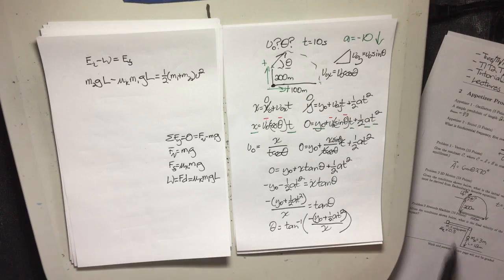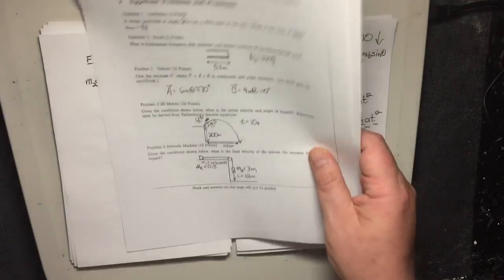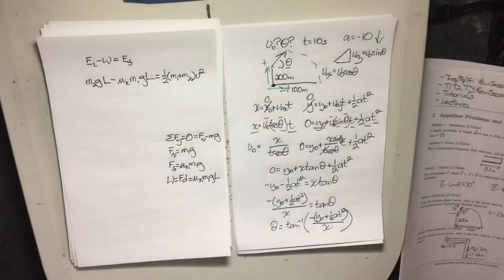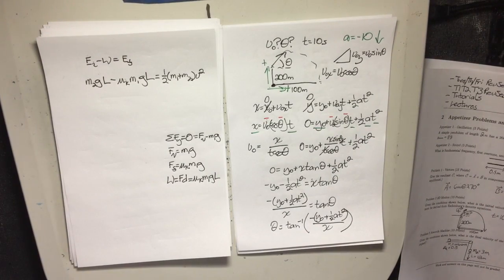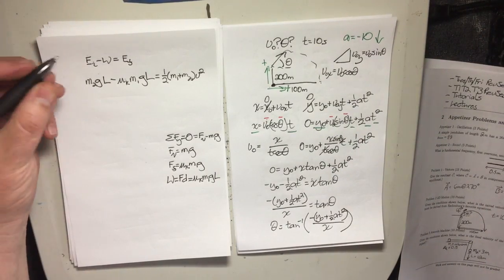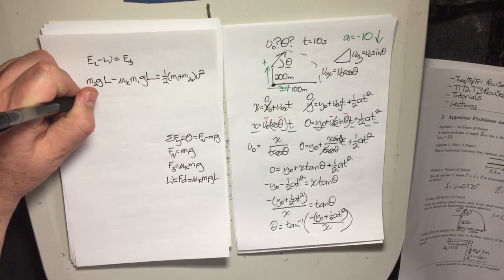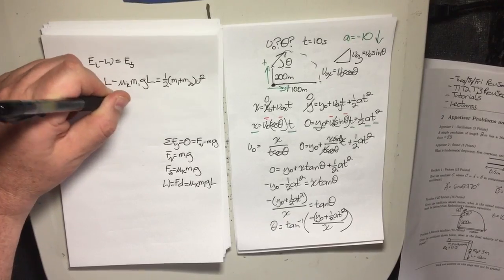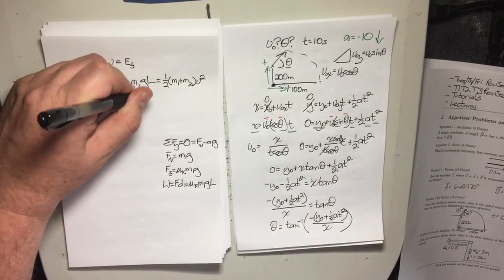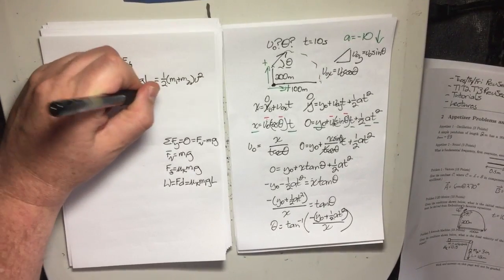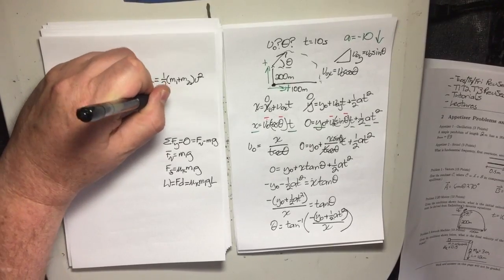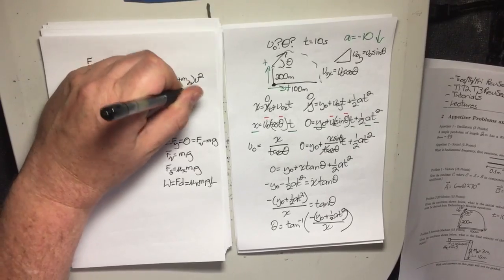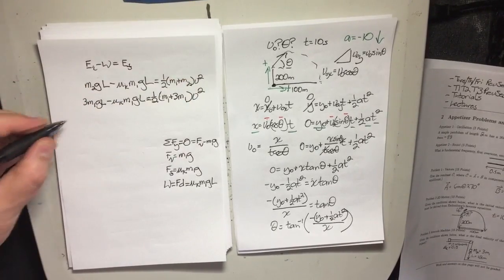I specifically said in the problem that M1 is unknown. All I did was give you the ratio of M1 to M2. So what you do is you substitute 3M1 GL minus mu sub K M1 GL equals 1/2 M1 plus 3M1 V squared.